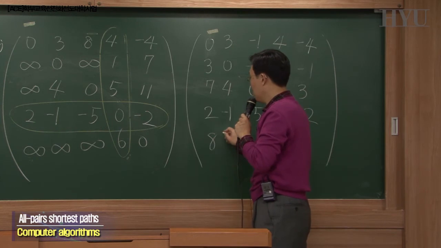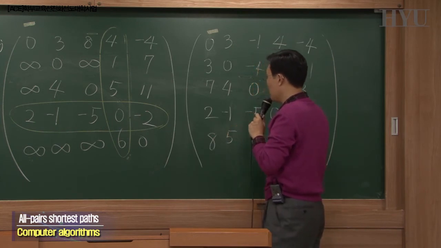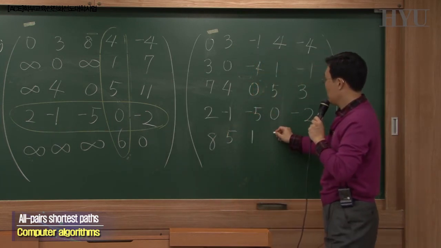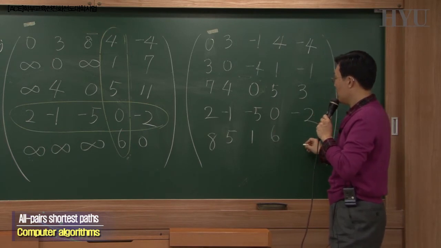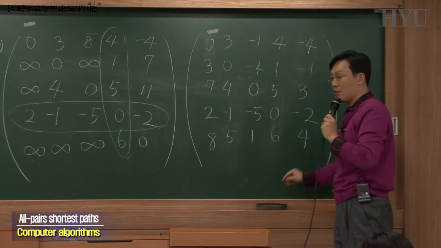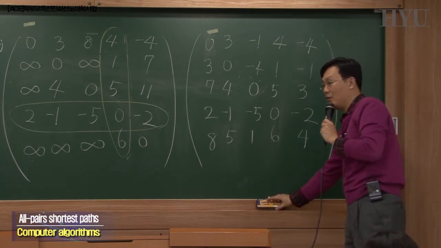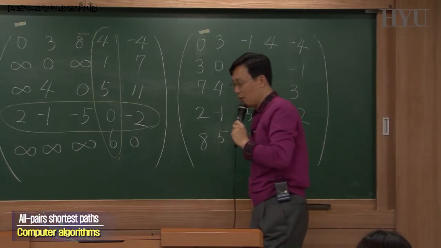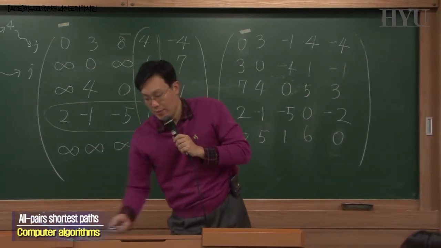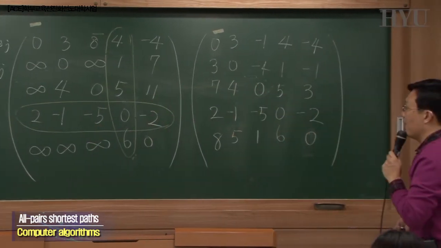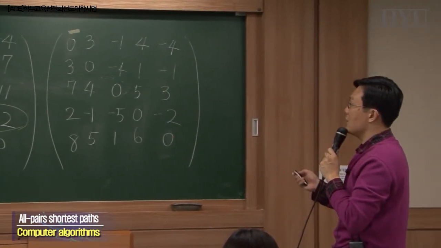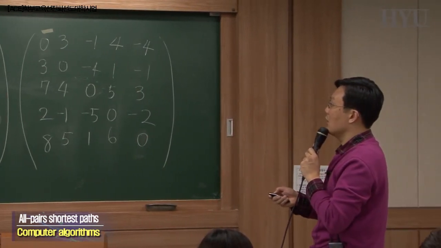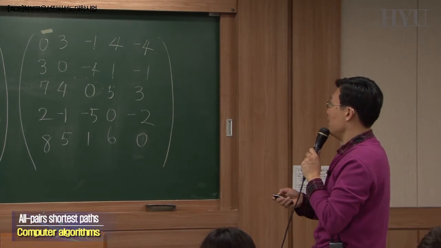8, 5, 1, 6, 4. Then this is bigger than its previous value, so we reuse 0 in the table. So let's compare these with this. Are they the same?